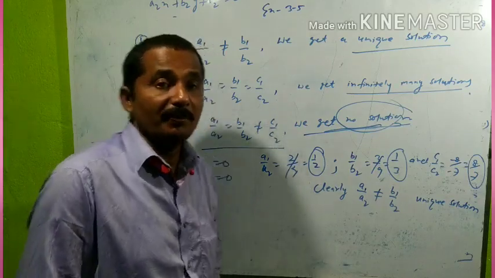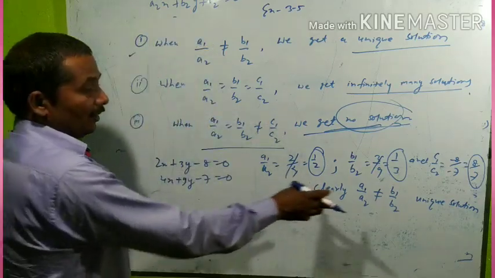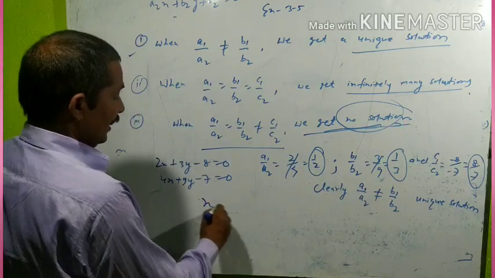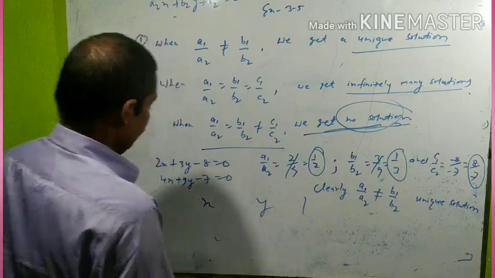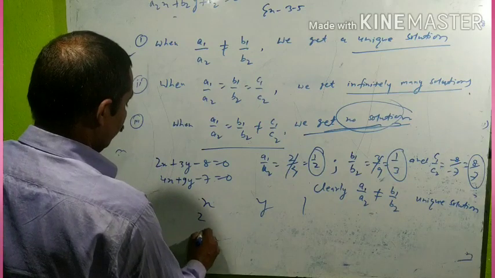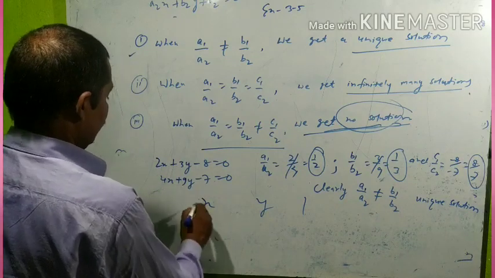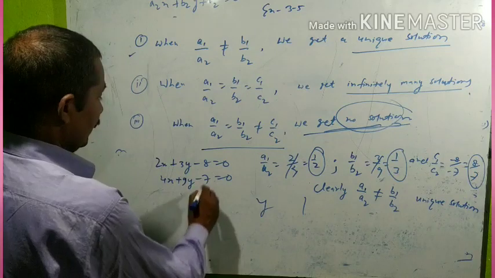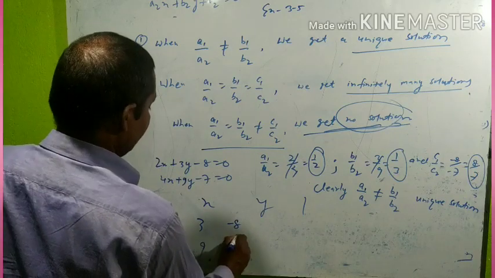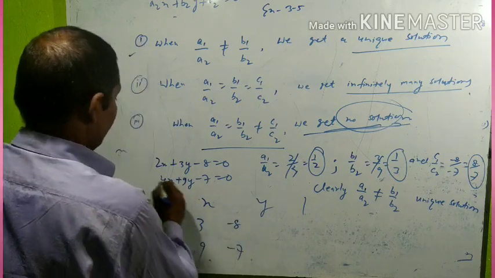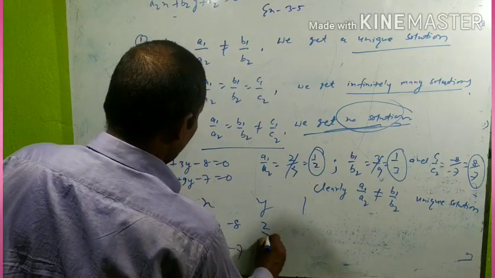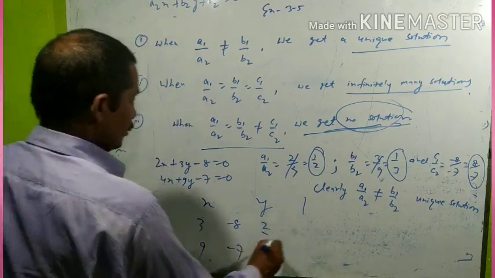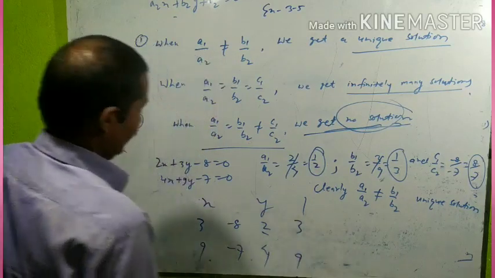The cross multiplication method you will apply now, and as I taught here, x, y, 1, like b1, b2, 2, 4, and b1, b2, 3, 9, and minus 8, minus 7, then again first 2, 4, and again last 3, 9, like that.